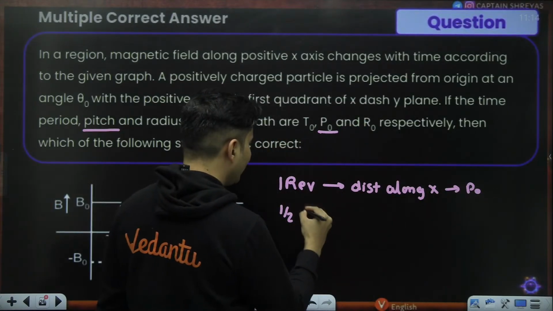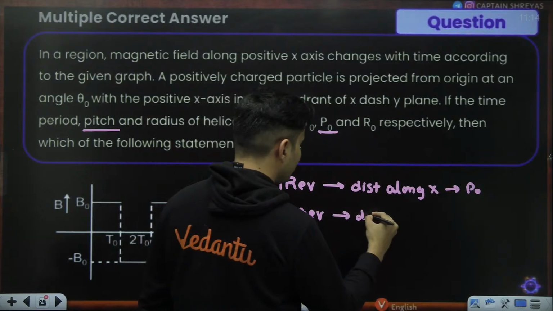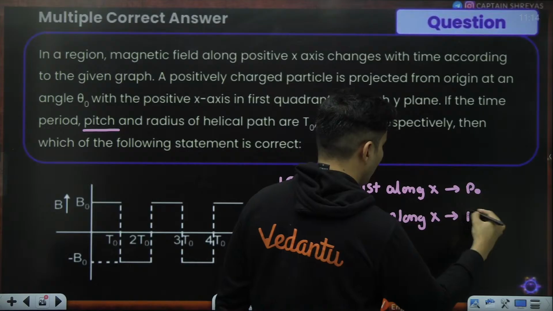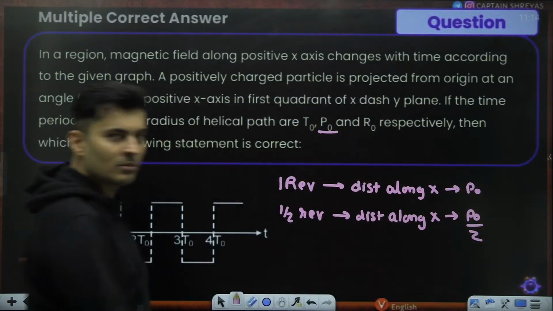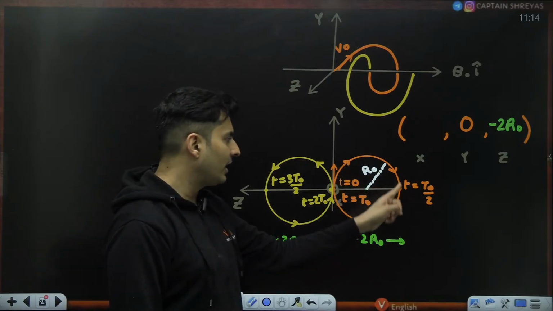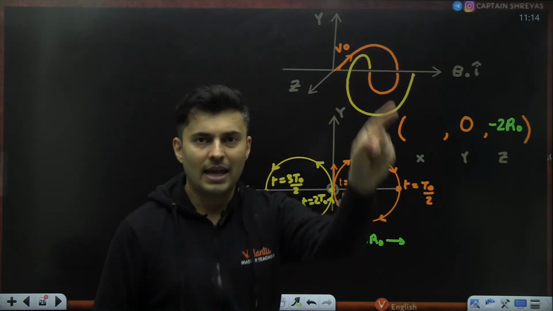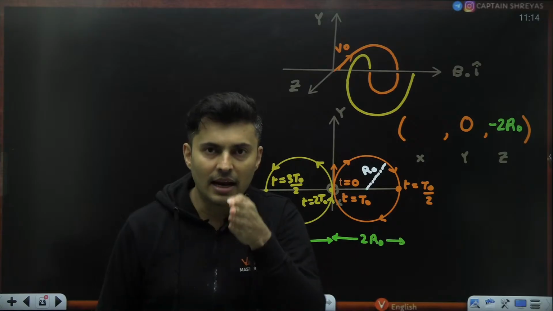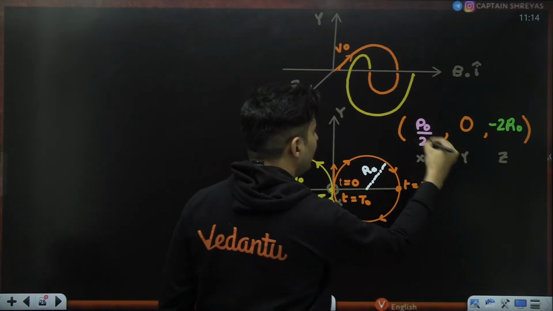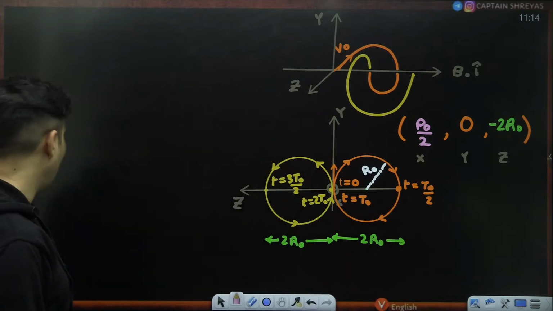So in half a revolution, the distance along the x-axis will obviously be P0 by 2. So think about it. In this particular part, the x coordinate would have gradually incremented by a value of P0 by 2. So P0 by 2, 0, minus 2R0.